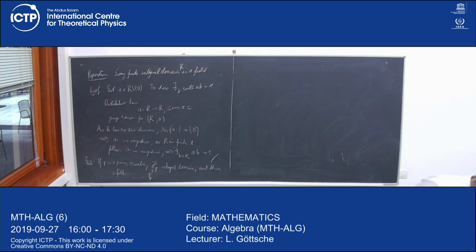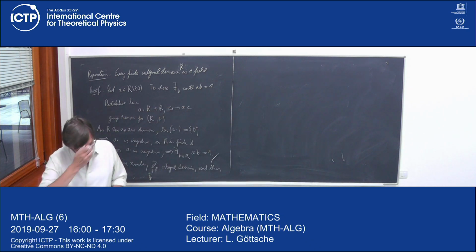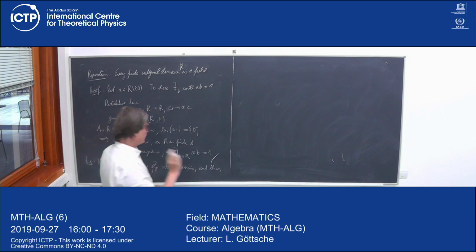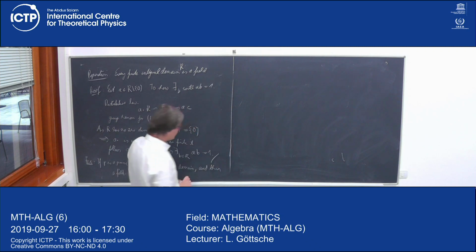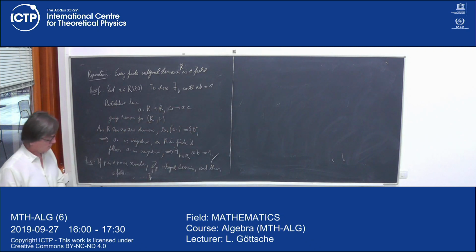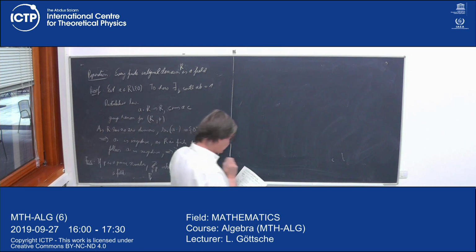Okay, now to go on with the standard things. We have defined rings, so we have to say what is a homomorphism of rings and what is a special property that the kernel of a homomorphism of rings has. For homomorphisms of groups, that's a normal subgroup, and here we have the analog, which is an ideal instead of just a subgroup.